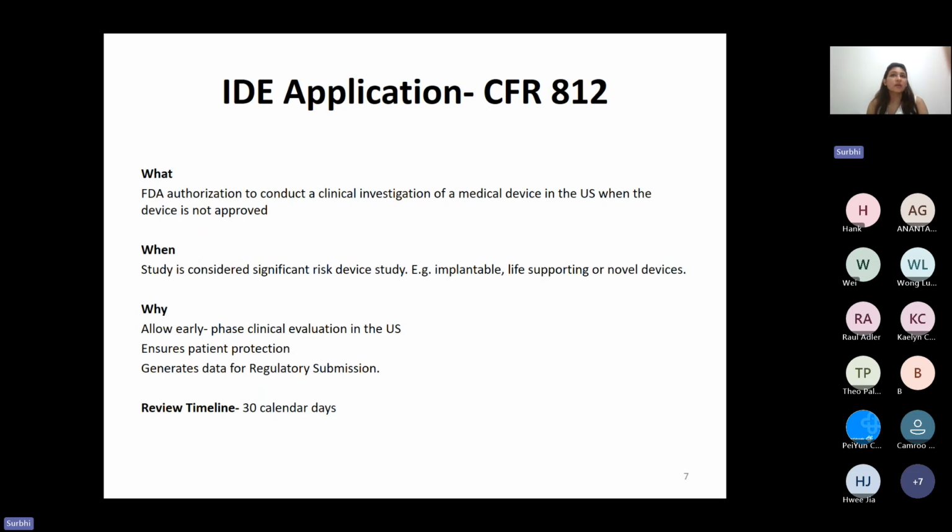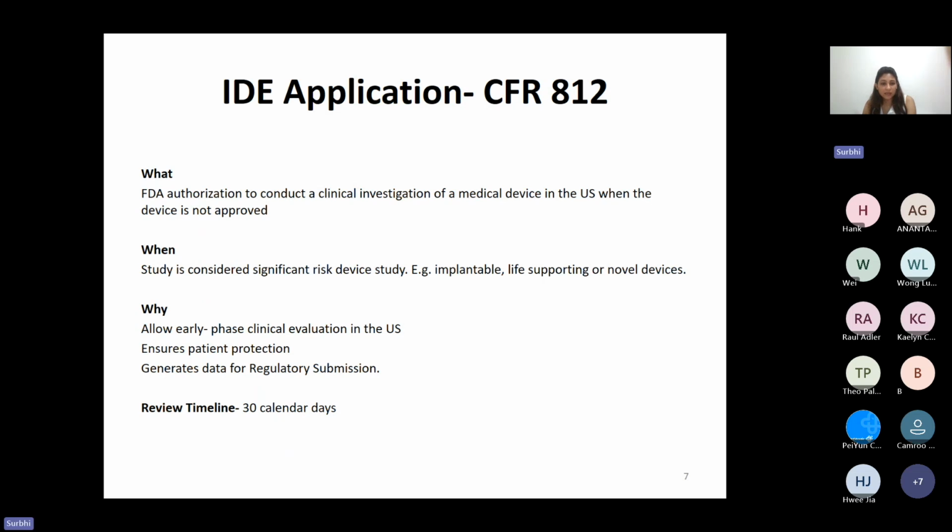So the manufacturer can ship the device without getting an approval, and once the IDE is approved, they can go and file the 510K or PMA, whatever their route is. When is this required? This is required for significant risk device studies that are implantable or life supporting.